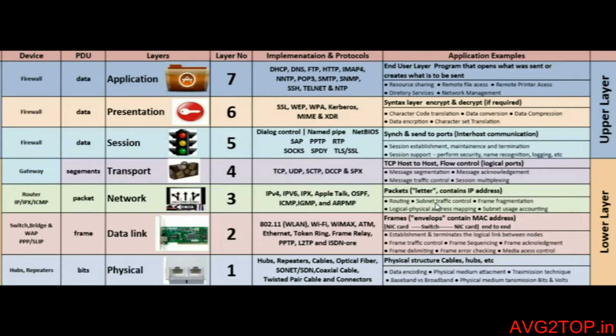Presentation layer, which is the sixth layer in OSI, is responsible for the data conversion between two different nodes, and it also takes care of security, where encryption and decryption are done. So when we say presentation, it means it has an authentication key.